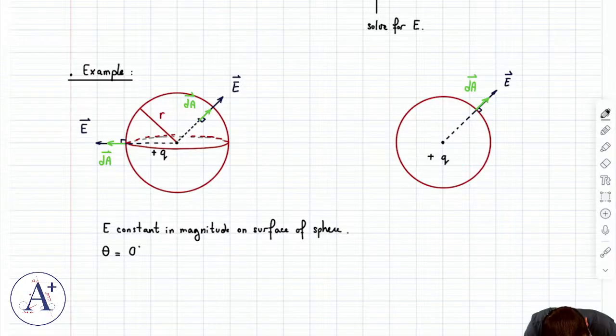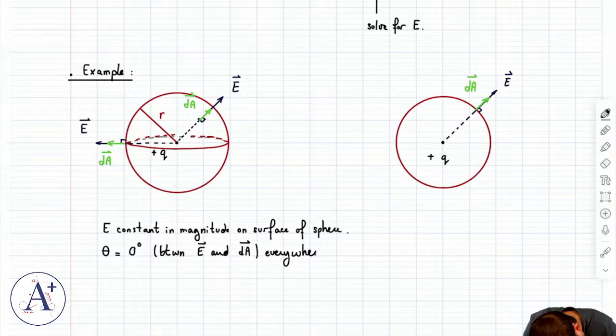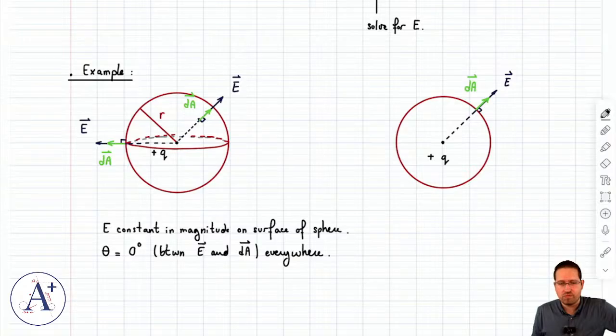No, not Celsius, just 0 degrees. So theta is equal to 0 degrees between E and dA everywhere. Right? It doesn't matter where you place yourself on the sphere. E and dA will have an angle of 0 in between them. They point in the same direction, which is outward. Okay?